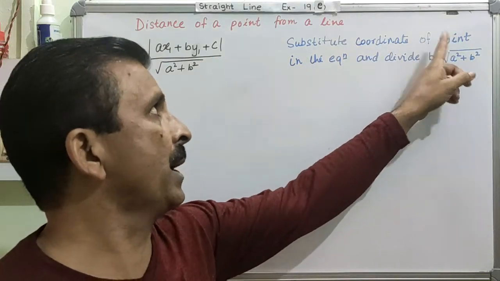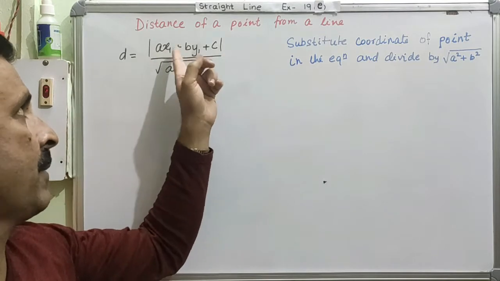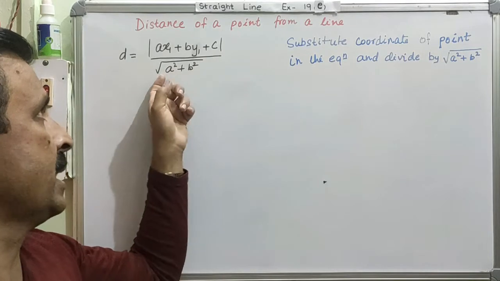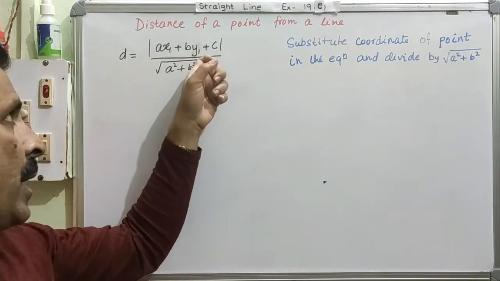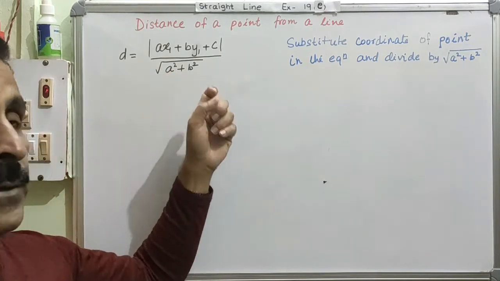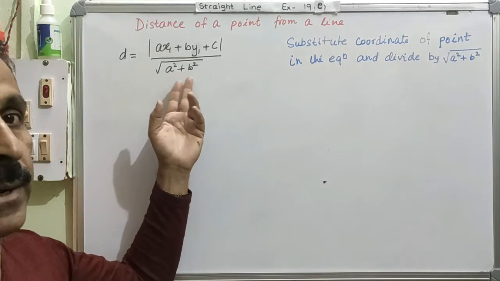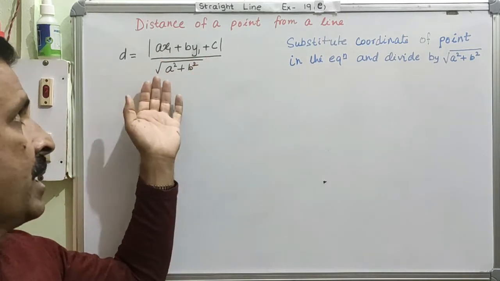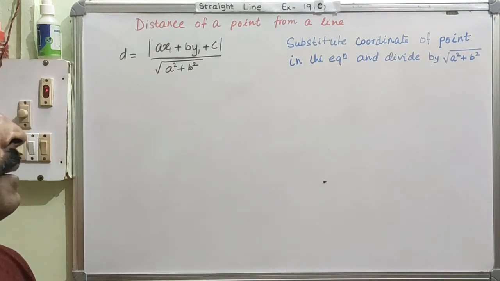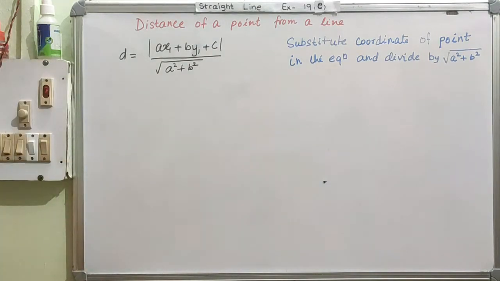The denominator will be the square root of a square plus b square, where a is the coefficient of x and b is the coefficient of y. So we can take the coefficients of x and y, and have the sum of their squares under root. Clear? So this is the formula to be used for calculating the perpendicular distance of the point from the line. Is this very clear?